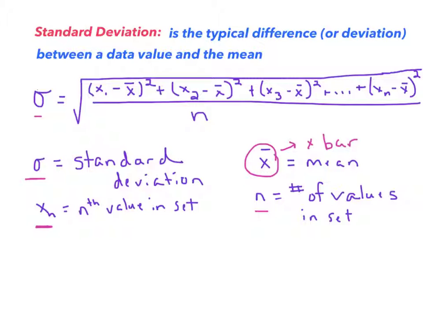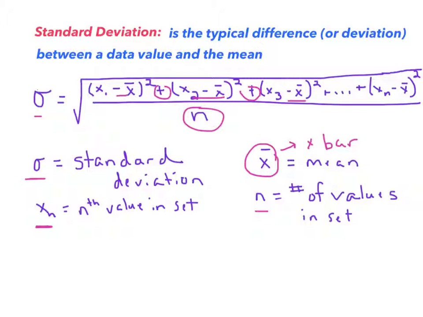Then we squared each of those differences, and we added them. Then we divided that by the number of points in the data set. And the last step, we took the square root, and that gave us the standard deviation.